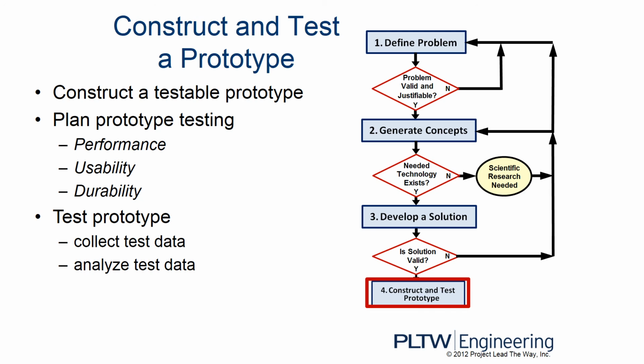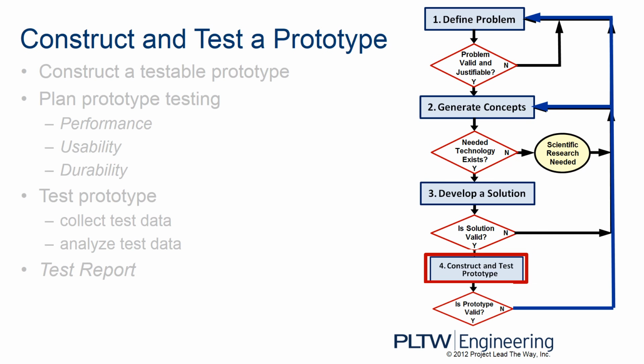Is it testing for what I want to test? Because sometimes it gets very difficult to determine, is it a valid test? The last thing that all this leads up to is a test report. So you have a test report that shows all the different tests you did to it, how it performed, and that is now acceptable or not acceptable to move forward.